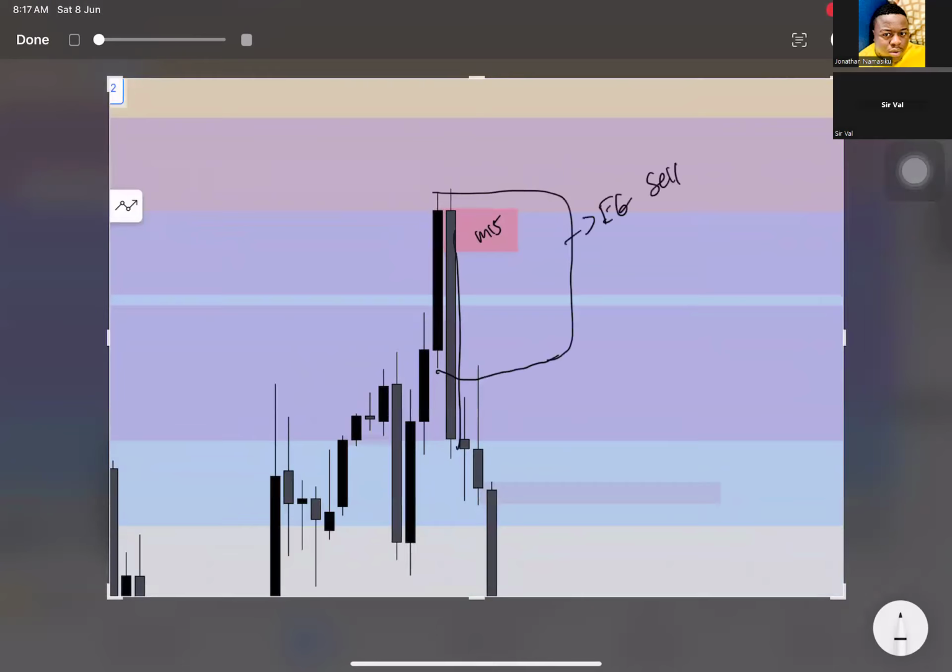So the first step, if price came to the zone, price will give you CMP. The second step, price will create H1. The next step, price will give you H4. It was created first from M15, now H1 has been created.